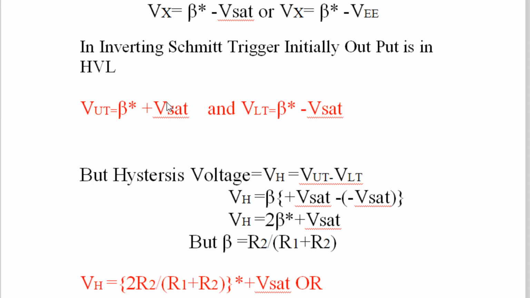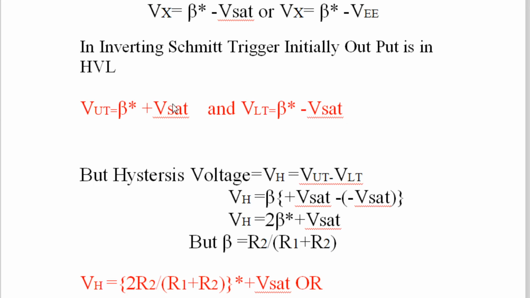Here I will take beta common. Then in the bracket, plus Vsat remains, minus, and in the bracket minus Vsat.